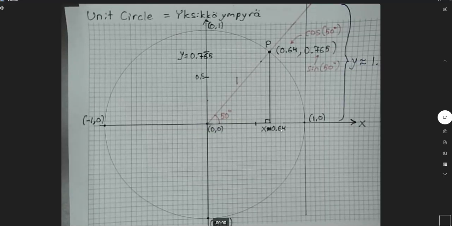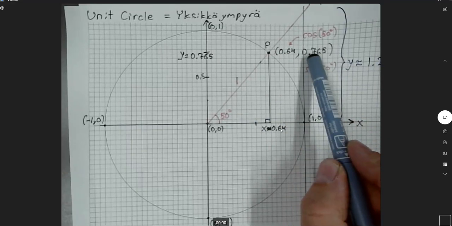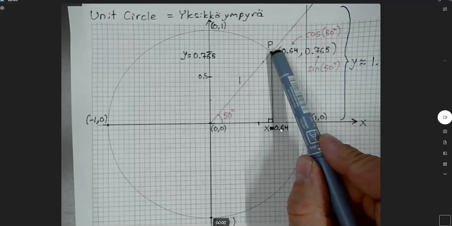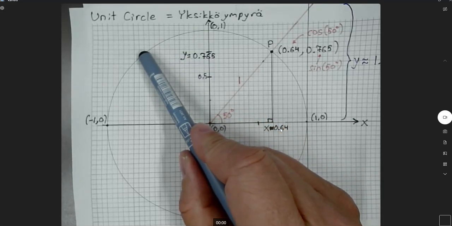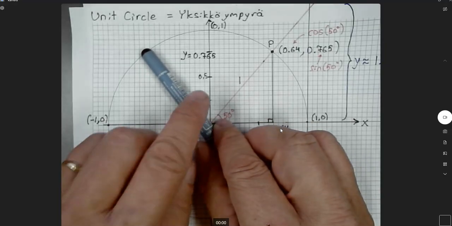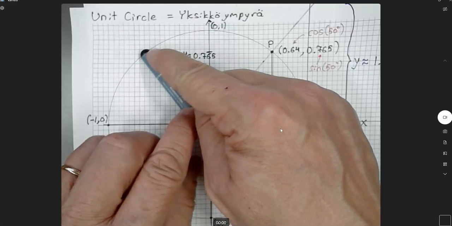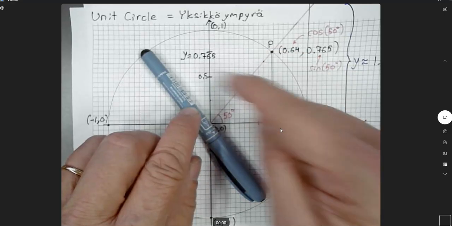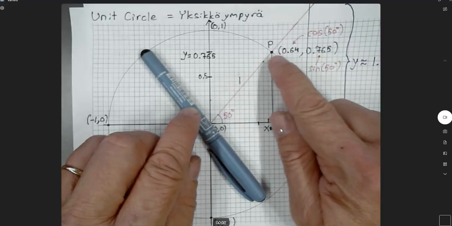And we saw that, for example, for 50 degrees the sine value was about 0.76, but when we go round the circle to at least approximate to this point, we see that this angle also had the same value of sine, because the point in the circle lies in the same horizontal line. This point also has the same y coordinate as here.